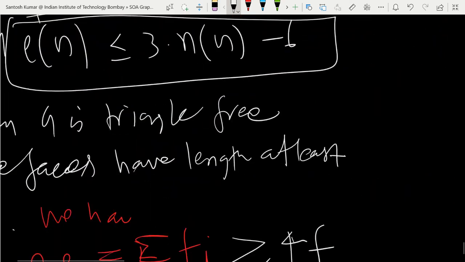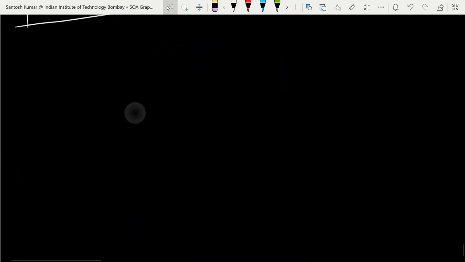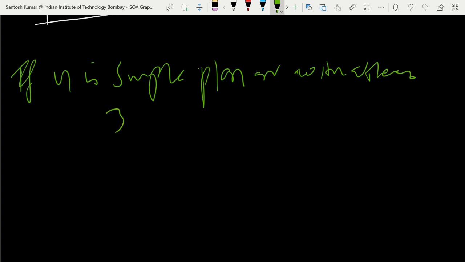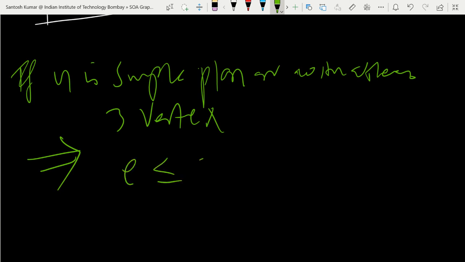Like if you check for K5. What I'm saying: if G is simple planar with at least three vertices, then E is less than or equal to 3n minus 6.